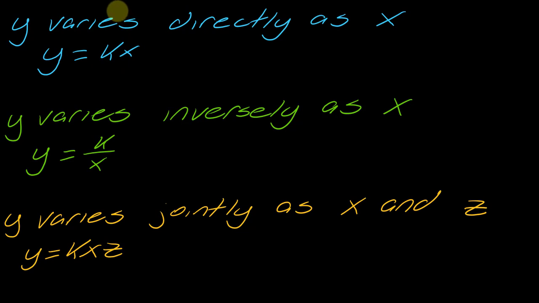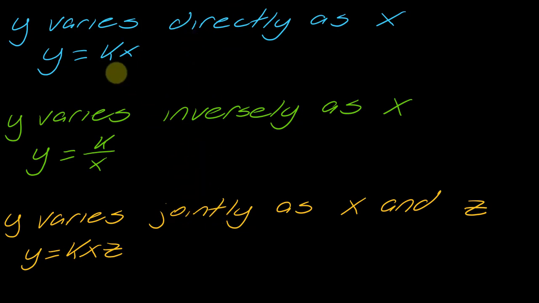The next thing to notice is the language. Y varies, y varies, y varies, and y equals, y equals, y equals. This tells you where the equal sign comes. The last thing to notice is what the words directly, inversely, and jointly mean.